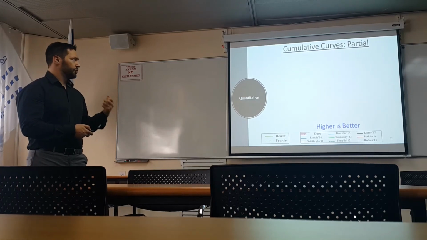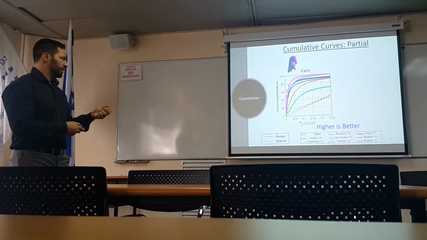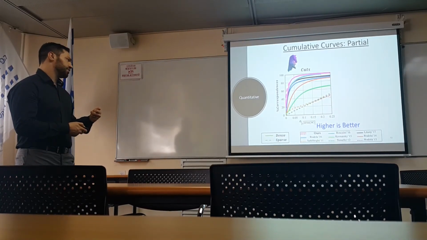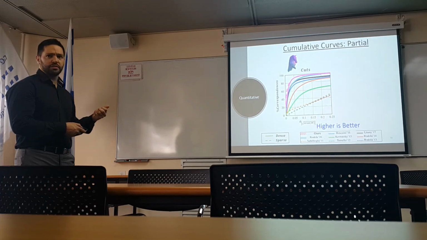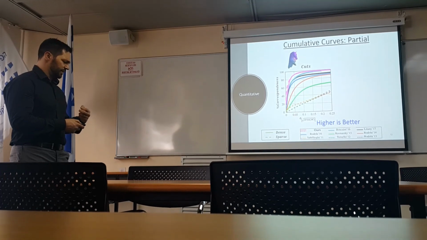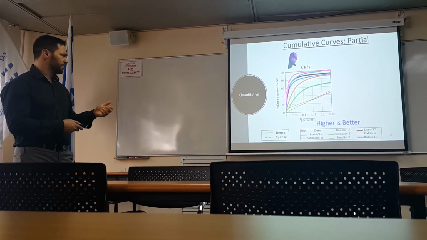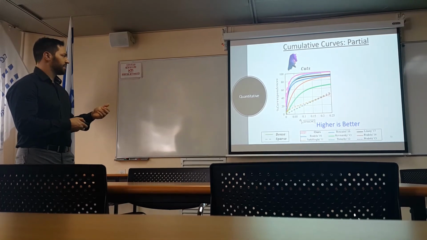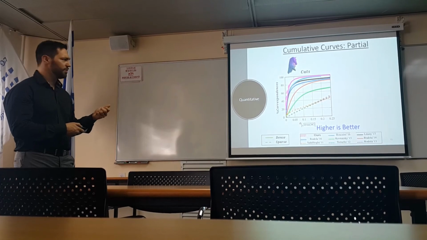So first we'll show cumulative curves. We'll explain what you see here in the graph. So the x-axis is the error thresholds. So what is below here is our matches that are below 5% error threshold. And the y-axis is the percentage of correspondences that fall below this threshold.